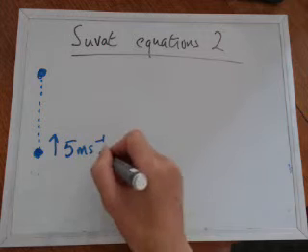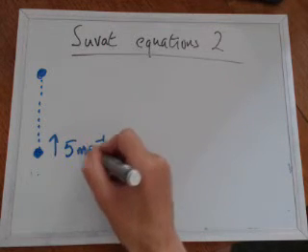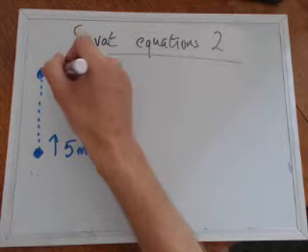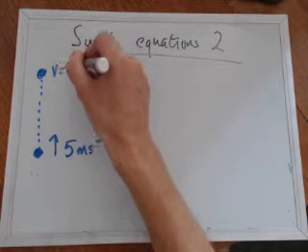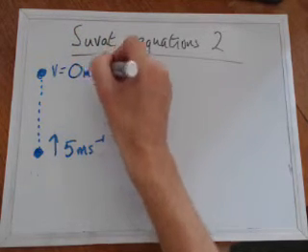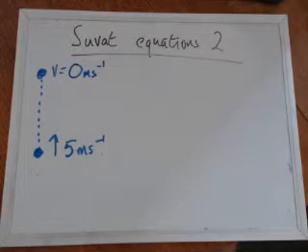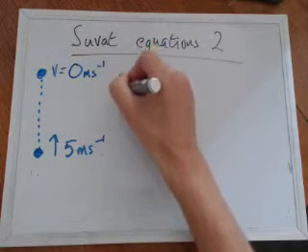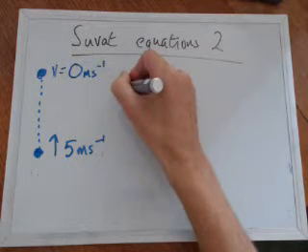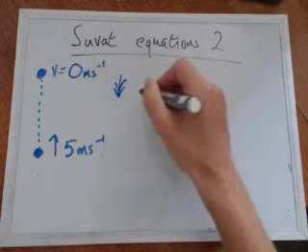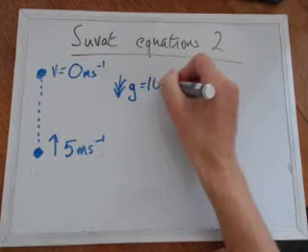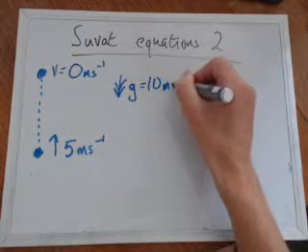So we've got an initial velocity of 5 meters per second, a final velocity equal to 0 meters per second because it stops. So we've got 2 out of 3. Well, what else do we know? We have weight acting down, so we have acceleration acting down, which is due to gravity, g. I'm going to call that 10 meters per second squared.